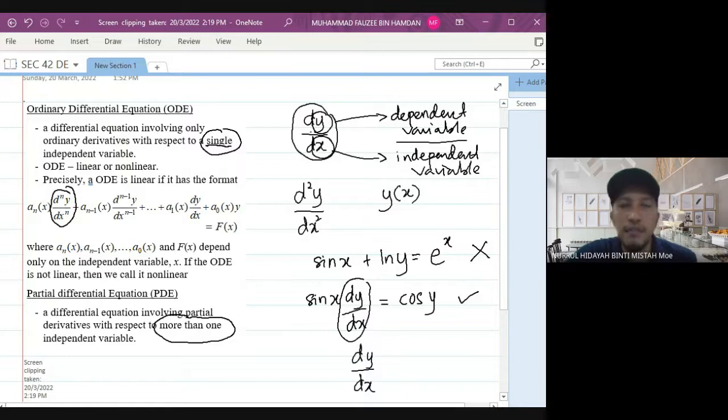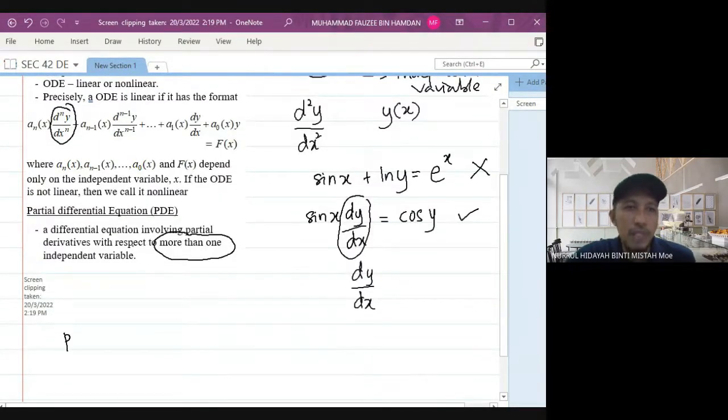If our differential coefficient is dy over dx, that means our dependent variable is y and our independent variable is x. So an ordinary differential equation involves only one independent variable.